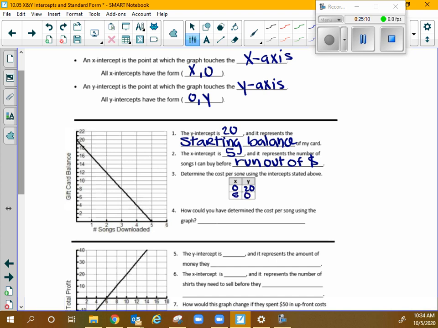What would my slope for that be? -4. Which makes sense, right? The balance is going down $4 for every one song, which means each song costs $4. So to find that, what did you find? The slope.